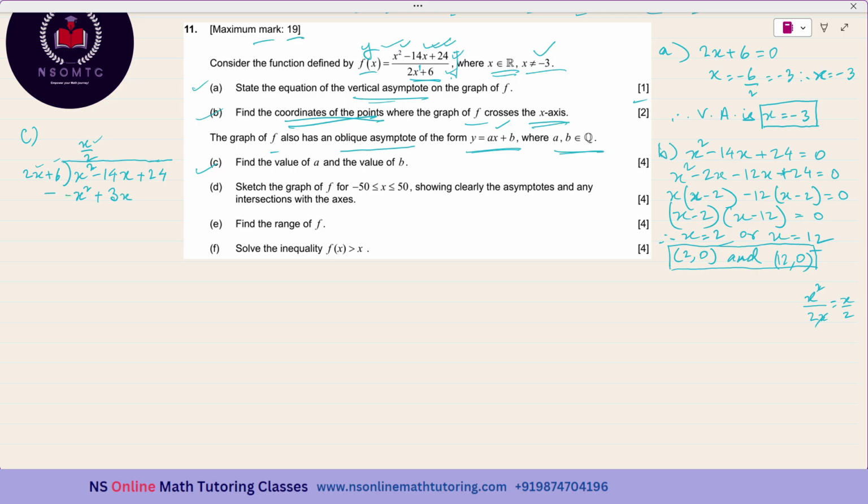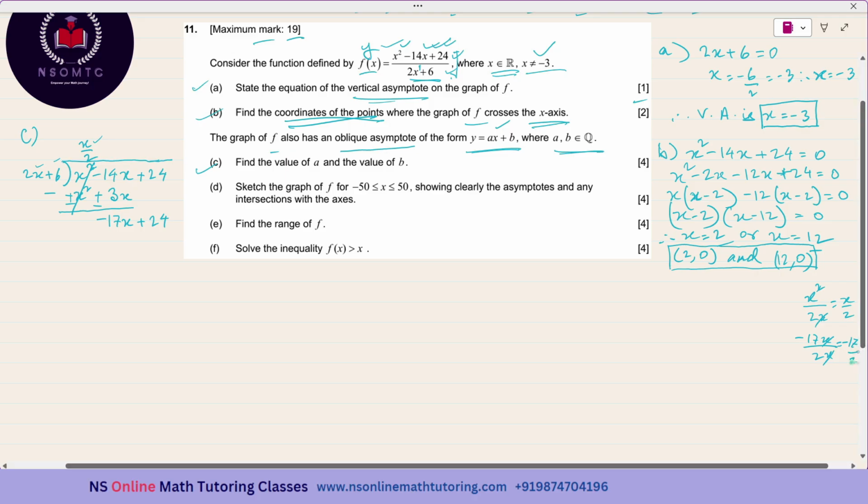So the signs will be changing. And this is negative 17x plus 24. Again, I am dividing now. The first term of the dividend is negative 17x. So negative 17x divided by 2x is equal to negative 17 over 2.